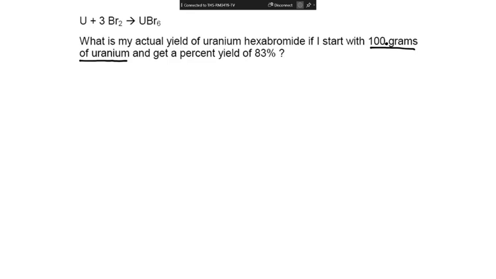Is uranium a reactant or is uranium a product for that given chemical reaction? That's a reactant, yeah. So I'm going to just mention that here. That's a reactant. That means that 100 is probably not going to be used in the percent yield equation. The product that they're talking about in this one is the only product here. Uranium hexabromide, that's my product that we're worried about.